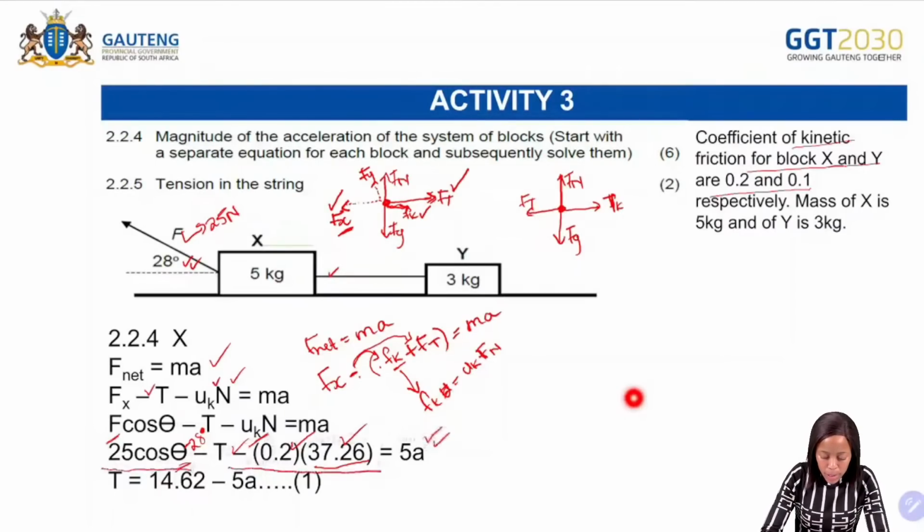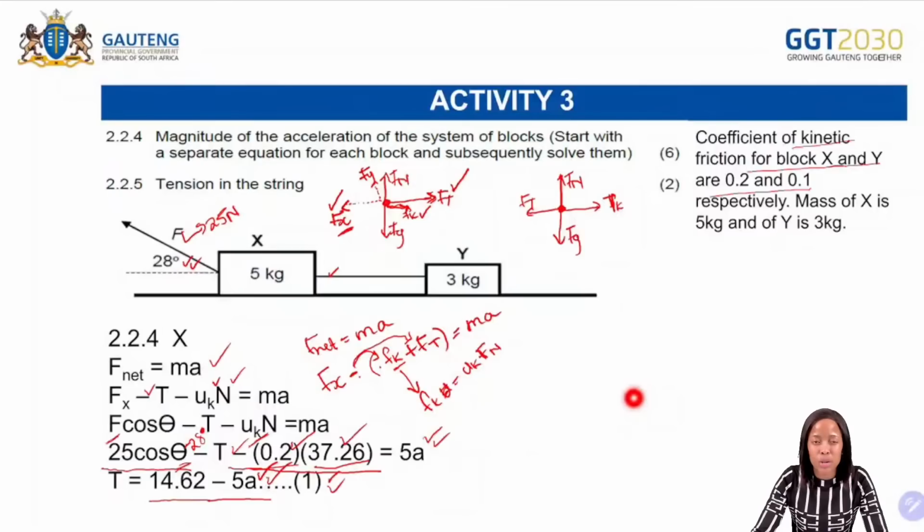If you solve the left-hand side, it gives you 14,62, and then you transpose. So for equation number 1, your answer will be 14,62 minus 5a.